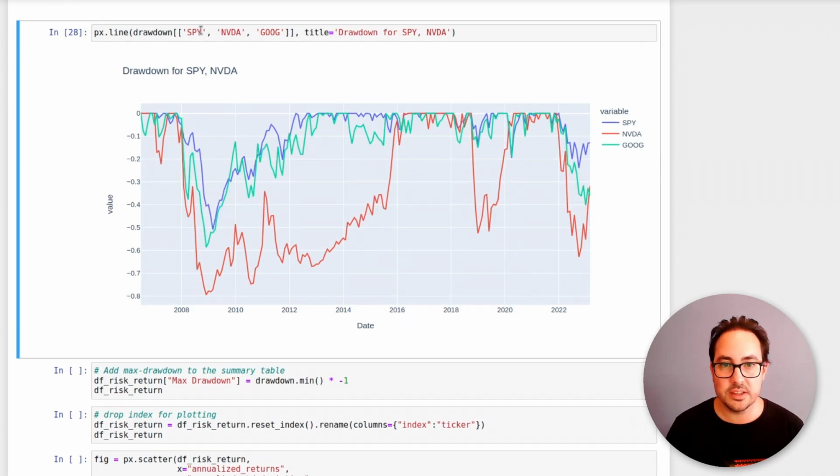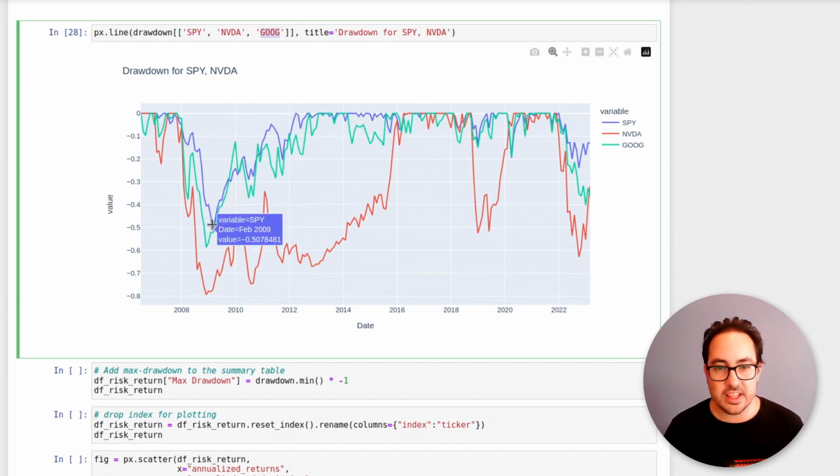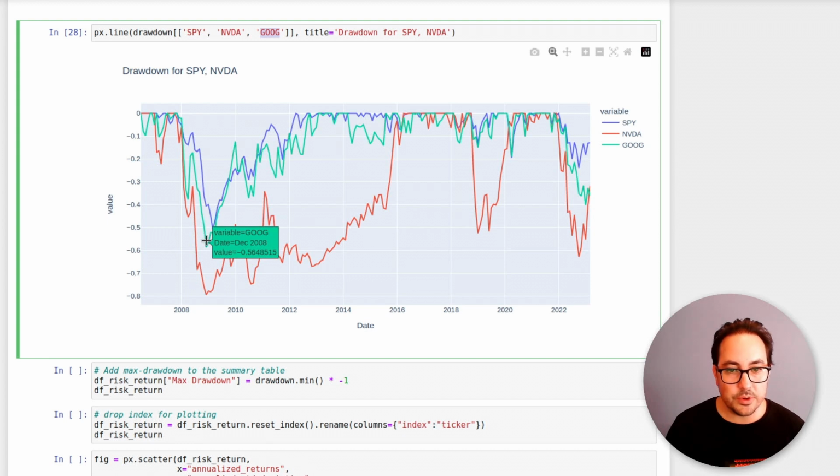So here I'm doing it for SPY, Nvidia, Google. And you can see that in the 2008 sell-off, Google went a little bit more down than the S&P 500, but Nvidia 79%. That's tough.